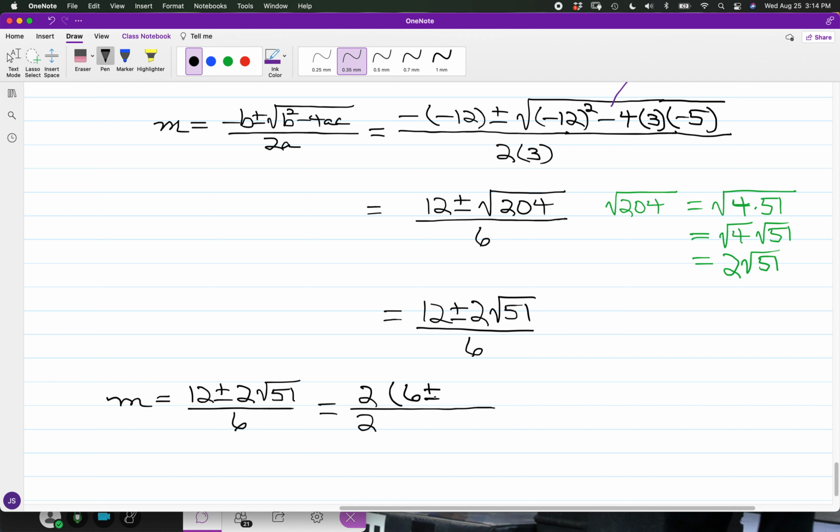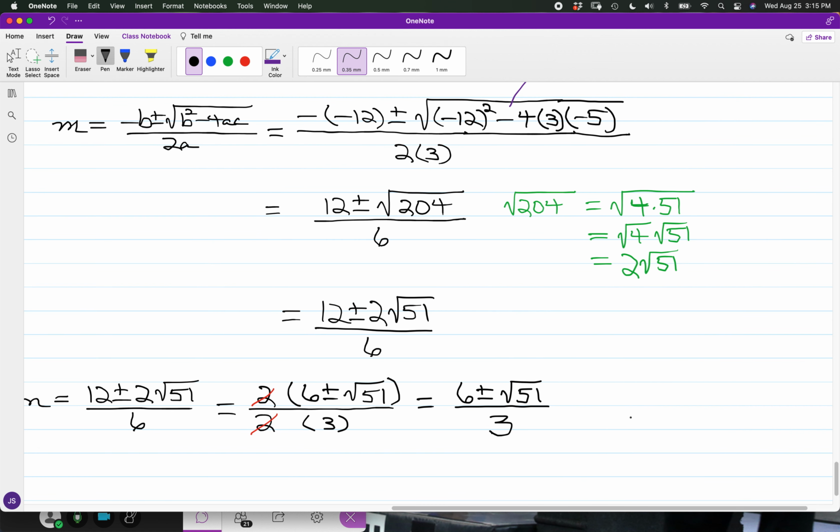And we have plus or minus 2 going into 2 times the square root of 51, the square root of 51 times. And 6 will be 2 times 3. So you can get the 2's to cancel. And consolidated, we have 6 plus or minus the square root of 51 all over 3.